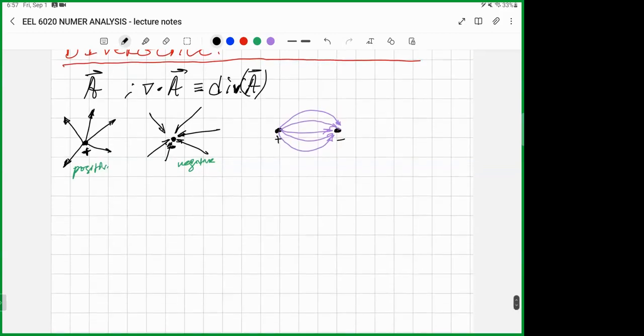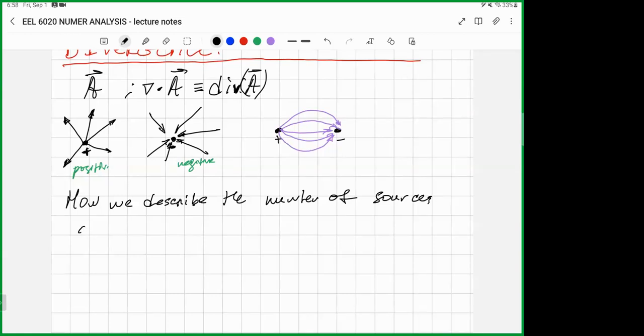The answer is that we use this concept of divergence.